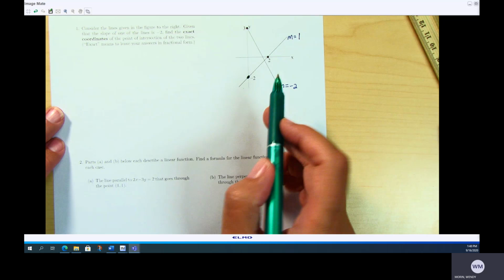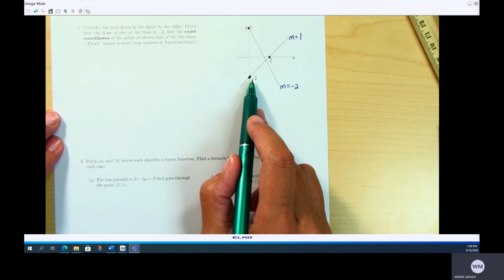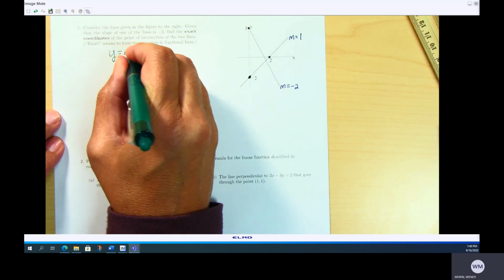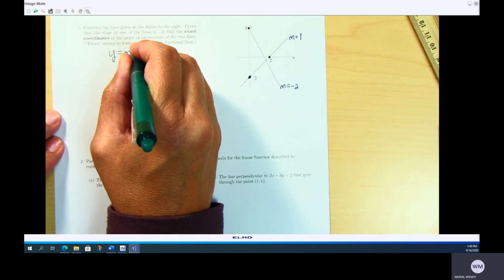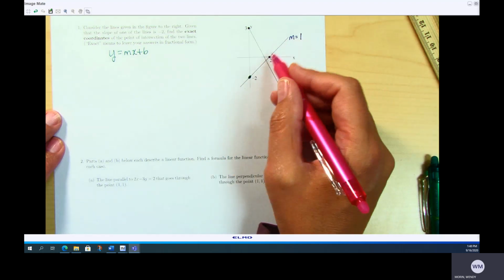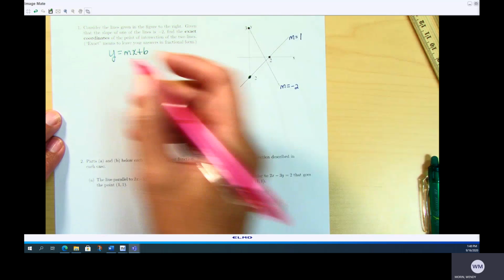So if you know a y-intercept and a slope, you would use slope-intercept form. And again, a review of slope-intercept form is y equals mx plus b. That's slope-intercept form.